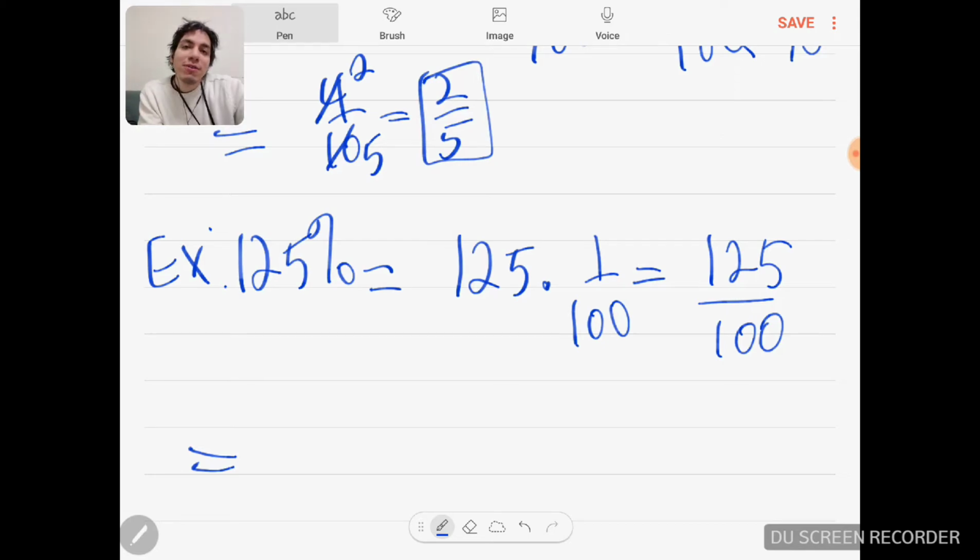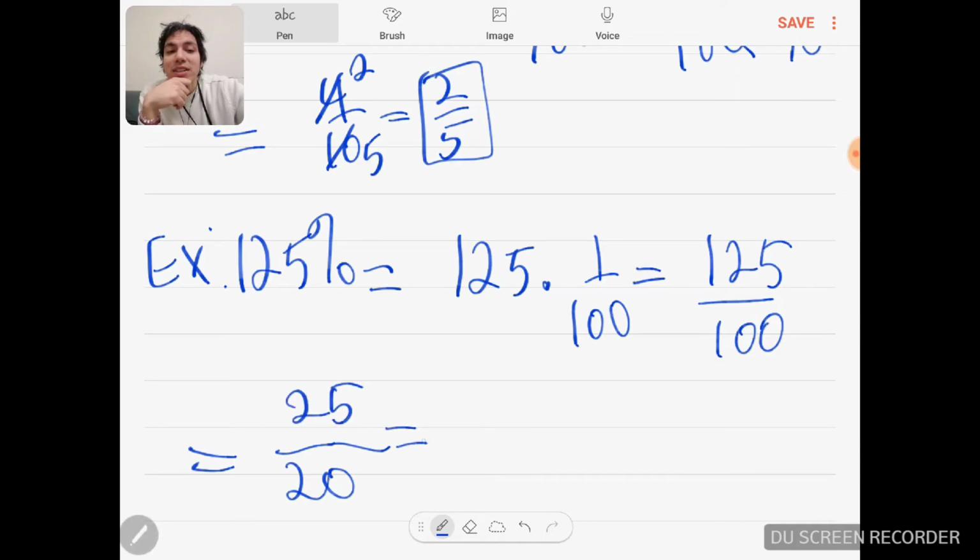Let's use 5 for now. I know 5 goes into 100 20 times, and I know 5 goes into 125 25 times. Then if I do it again by 5, dividing both numbers by 5, I'm left with 5 over 4 as my final answer.